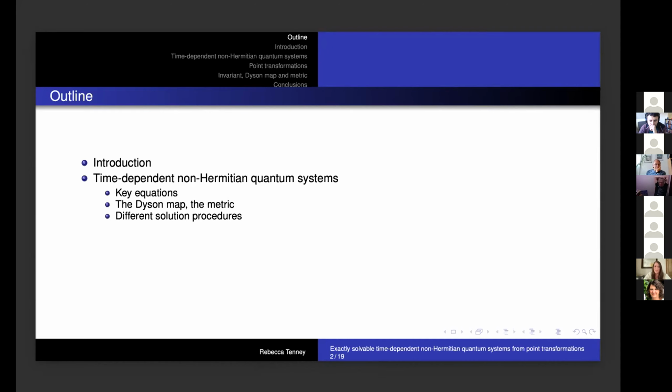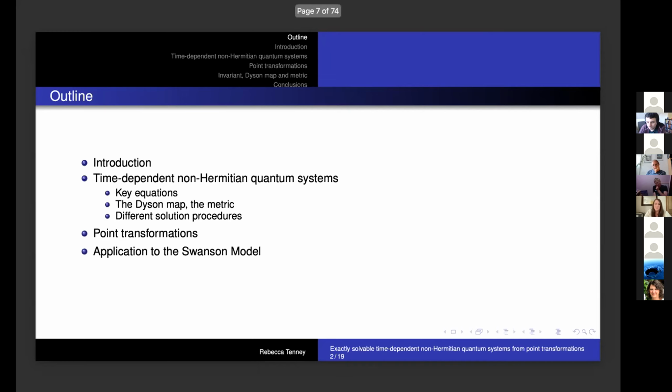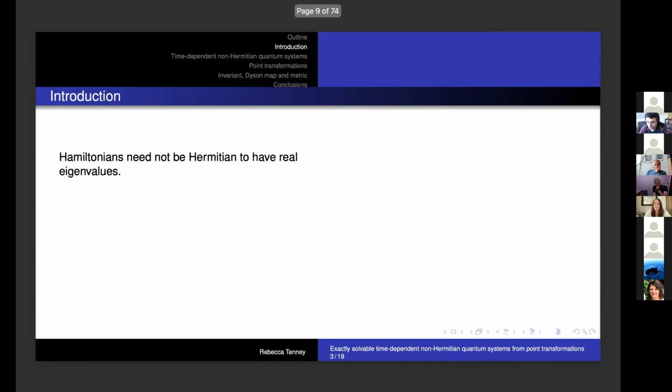This will allow me to motivate why we want to use point transformations with time-dependent non-Hermitian quantum systems. I will then give a brief introduction to what point transformations are and cover how they've been used for Hermitian systems and how we wish to extend their use to non-Hermitian systems. I will then apply this all to the time-dependent Swanson model to determine the Dyson map, and then present any conclusions.